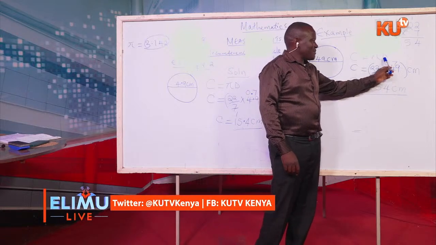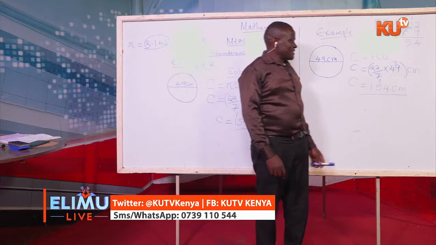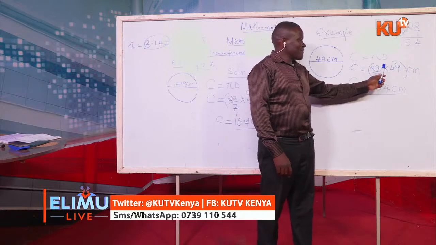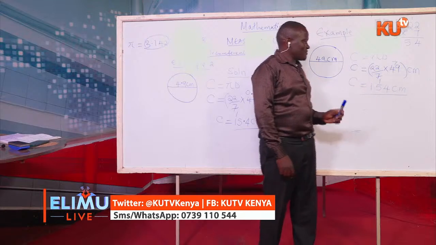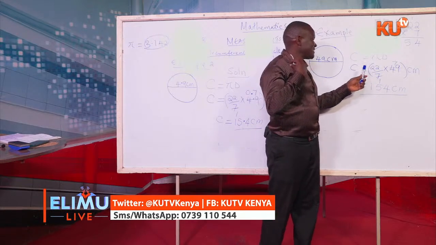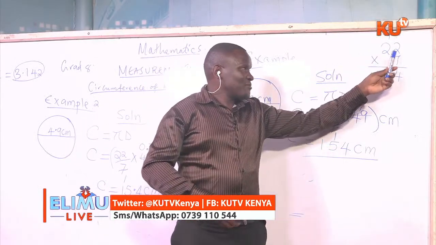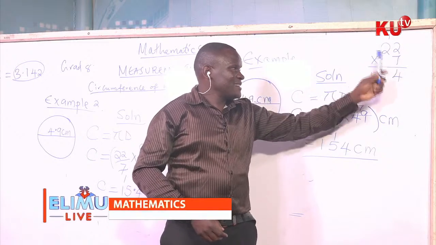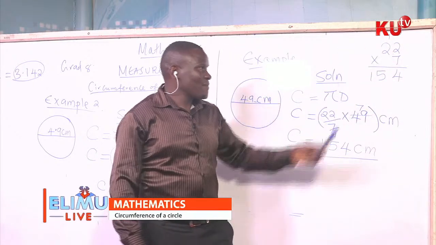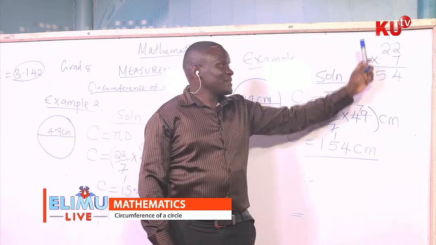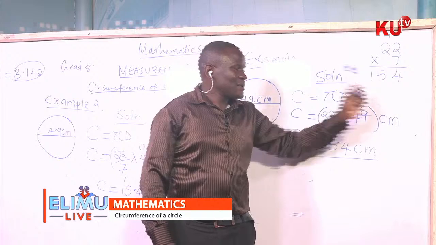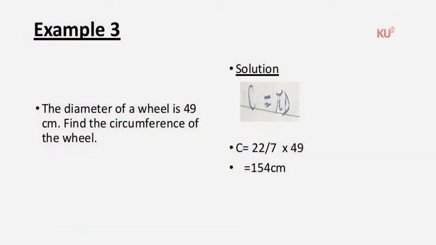We multiply by diameter, which is 49. 7 will go into 7 once, into 49, 7 times. So when you multiply 22 by 7, 2 times 7 is 14. We carry 1. 2 times 7 again will be 14. When you add to 1 that was carried, we get 154. And that lands us to the answer as 154 centimeters as the circumference.